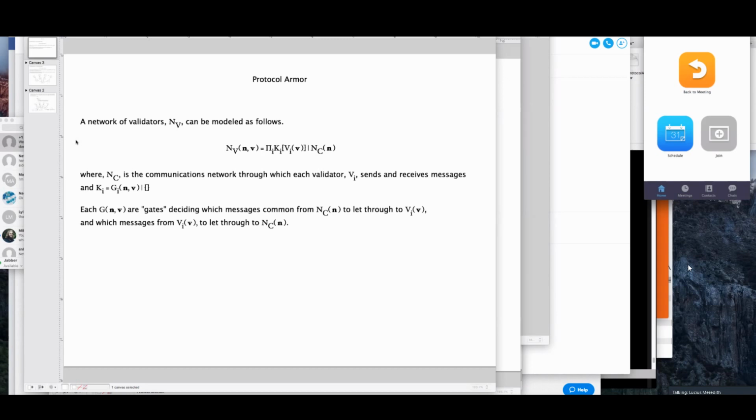So just to set the framework here, Vlad had this idea of what he was calling protocol armor, which can be thought of as a minimal skeletal framework in which to look at the various kinds of attacks so they can all be characterized.